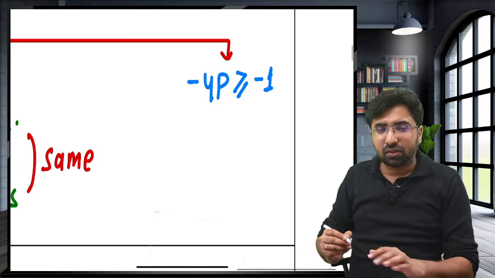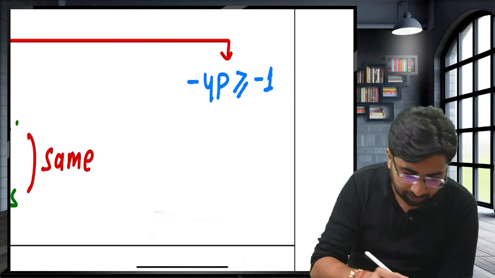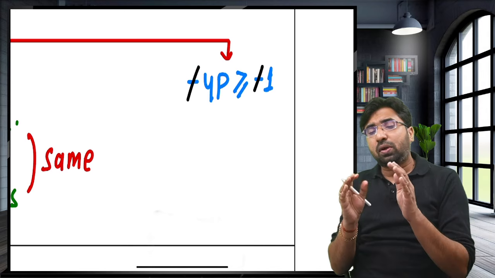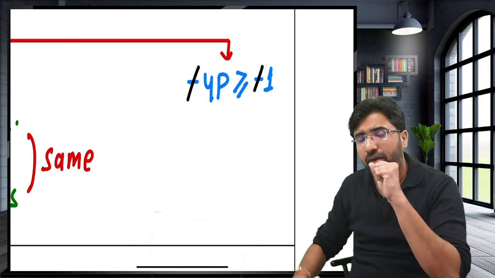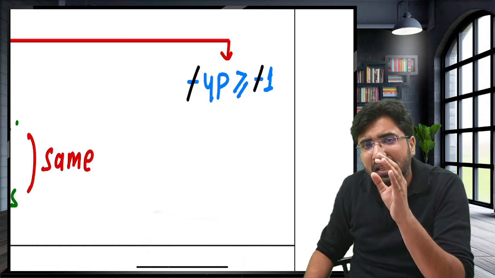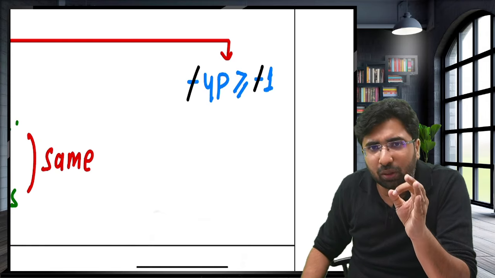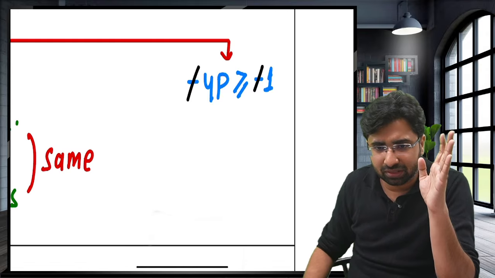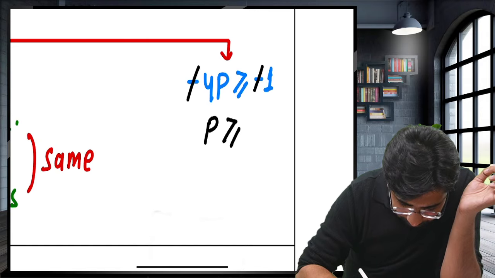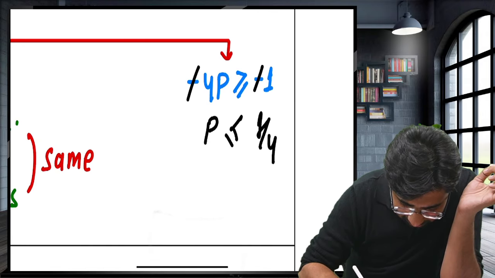Now, whenever you cancel the minus sign from both sides, or you multiply both sides with a minus sign, the sign of inequality changes. So one has to say p must be greater than or equal to, you have to change it to less than or equal to 1 by 4.